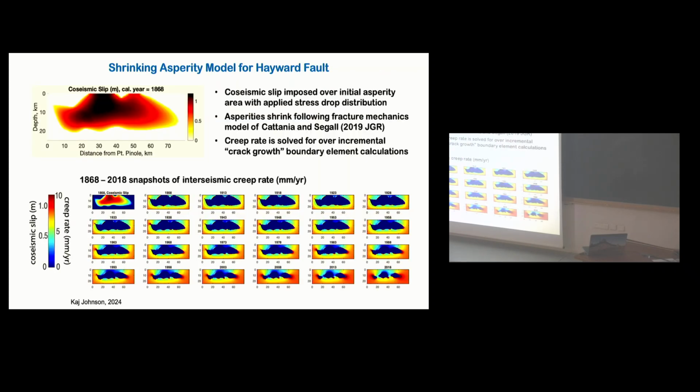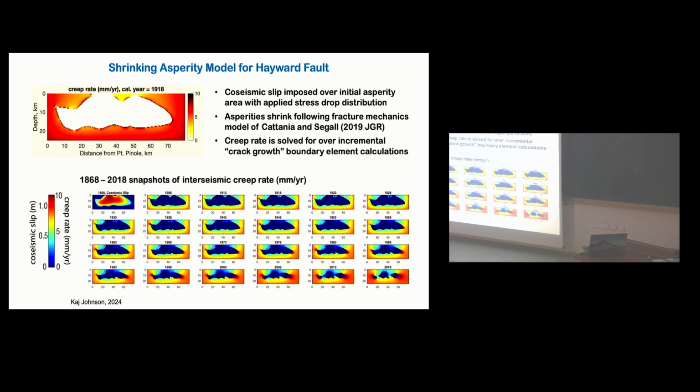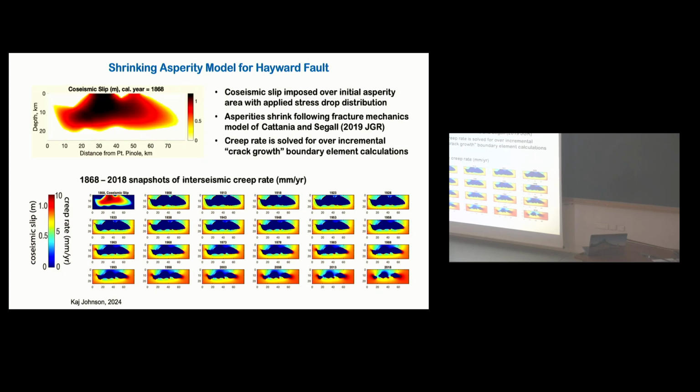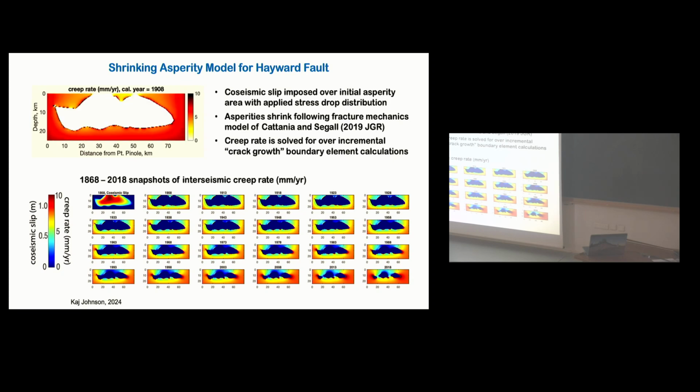Okay, so Kai, who's working with us on this, made a model of the shrinking asperity, and he had to make some assumptions. We know almost nothing about 1868. So he made a rupture that roughly matches the extent of the rupture based on where it's been observed at the surface. There's a study by Paul Segall and colleagues using triangulation data to infer how long that rupture was.